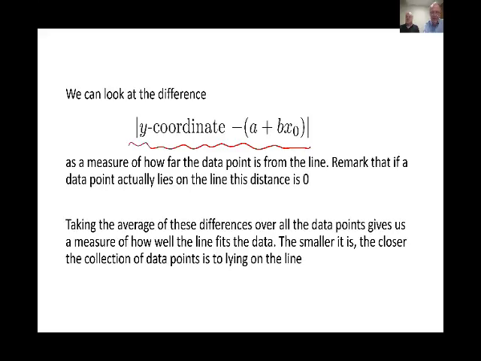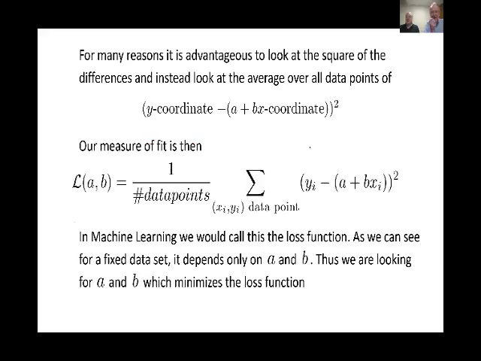Now it's very convenient, instead of using this measure, to take the square of this difference. If you take the square of this difference, of course, I get something that's always positive, or equal to 0 anyway. And so I can take these squares, one for each data point, and I can sum them up and divide by the number of data points. And that gives me a number.